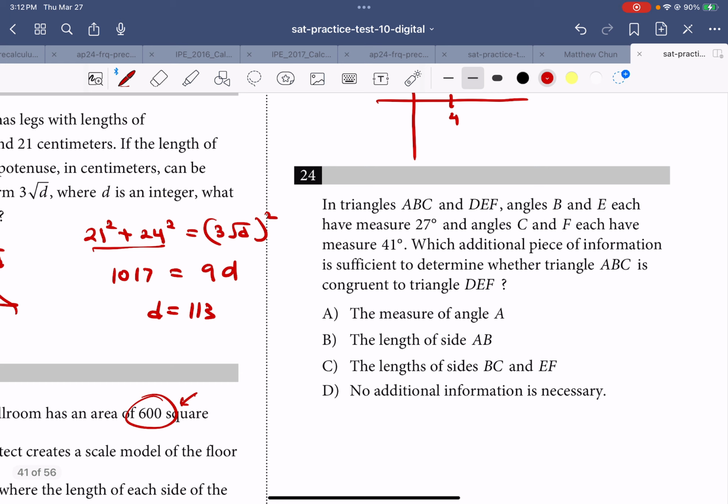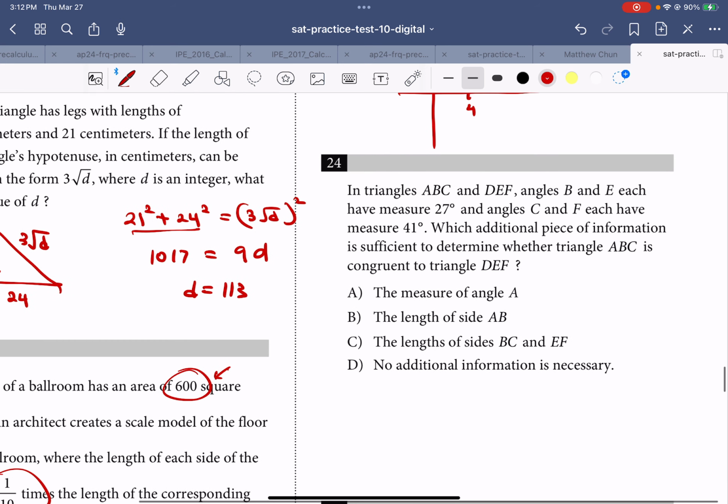24. In triangles ABC and DEF, angles B and E have measure 27 degrees, and C and F each have 41. Which additional piece of information is sufficient to determine whether triangle ABC is congruent to triangle DEF?